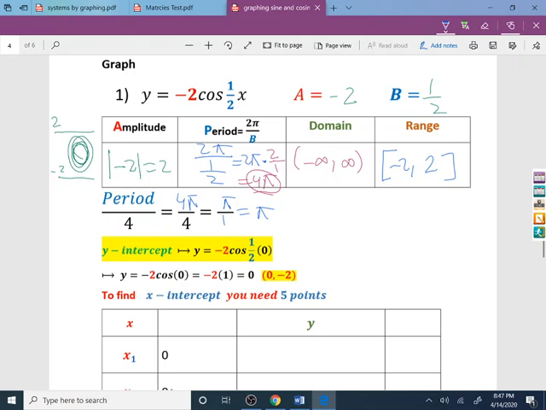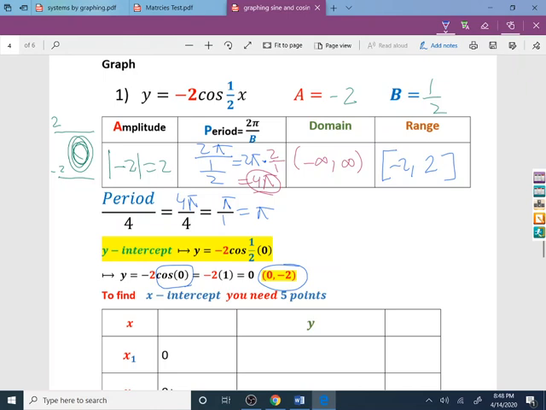You see, -2. Now cosine 0, this is what I want. Cosine what? 0. Cosine 0 from the table is 1. -2 times 1, then my 0 and -2. This is my y-intercept. Okay, the same as we did.